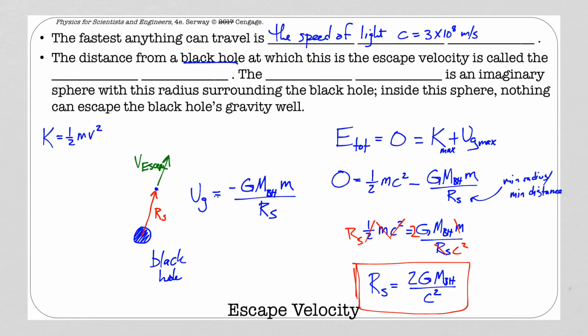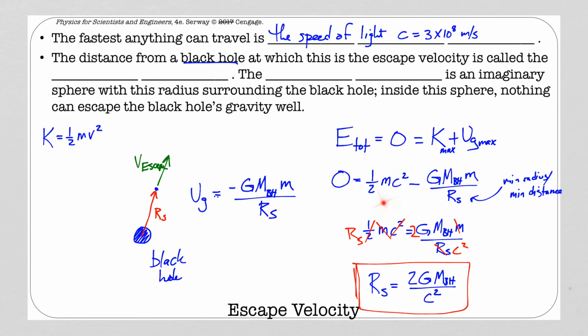So this is the minimum distance that we can be from a black hole of a certain mass, where we can still, if we go fast enough, if we reach the speed of light, have enough kinetic energy to be able to break away from that black hole.